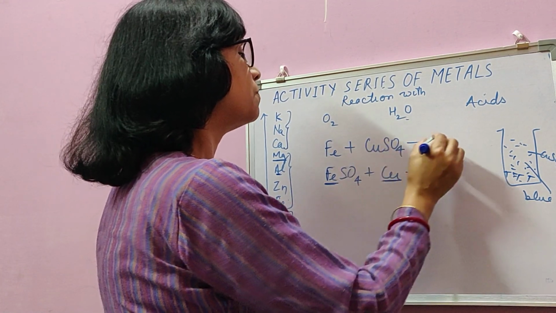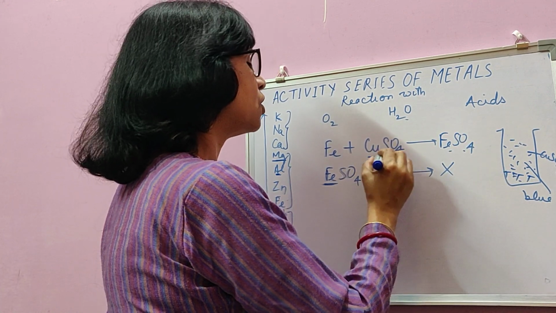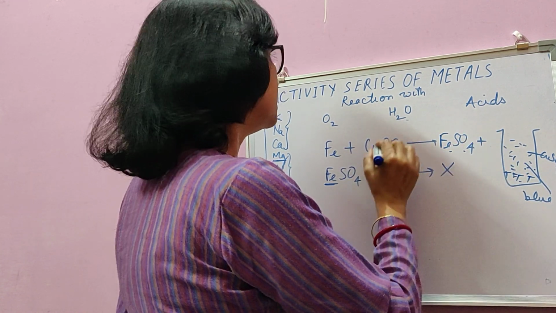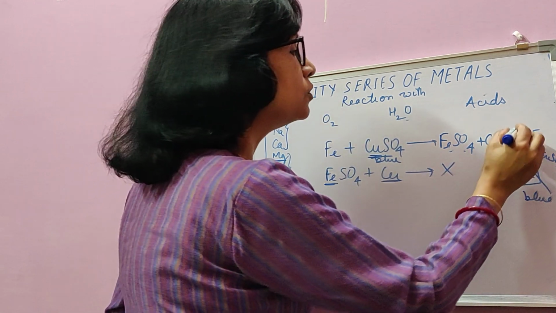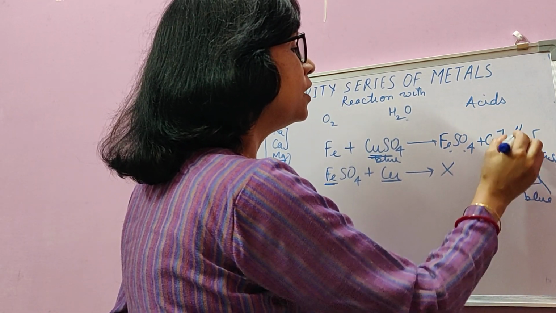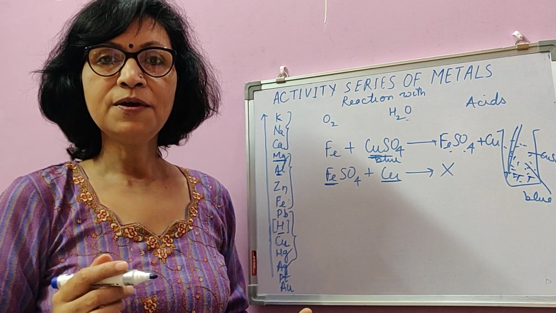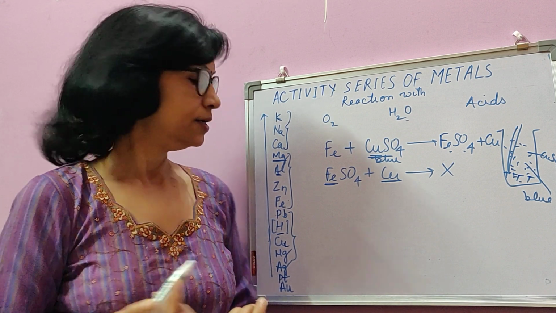Iron will displace copper and form ferrous sulfate, which is green in color, whereas copper sulfate is blue in color. The displaced copper will get deposited over the iron article, nail or knife, so that the iron article after some time will look copper colored because of the copper coating over it.